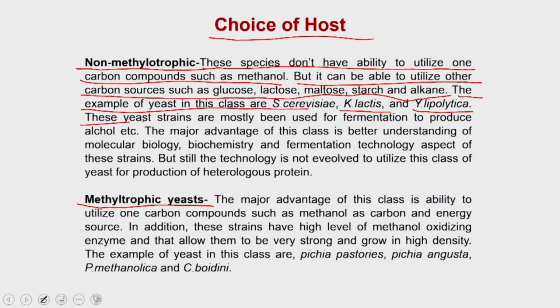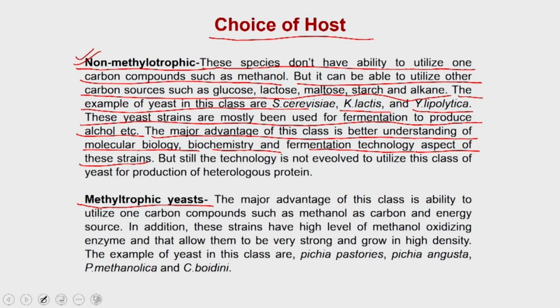These yeast strains are mostly used for fermentation to produce alcohol. The major advantage of this class is better understanding of the molecular biology, biochemistry and fermentation technological aspects of these strains. So, the non-methylotrophic yeast strains are not using methanol as a one carbon source.